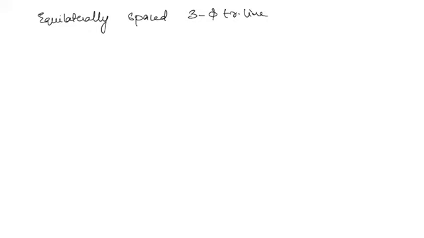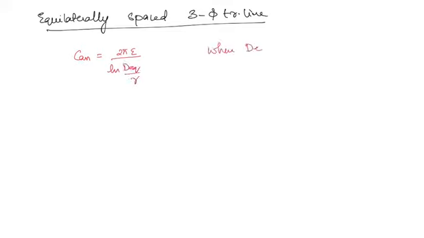So we have derived for unsymmetrically spaced lines, right. What was the capacitance? Capacitance per phase was 2 pi epsilon by ln DEQ by R, where DEQ is equal to the geometric mean of the distances to the power 1 by 3.